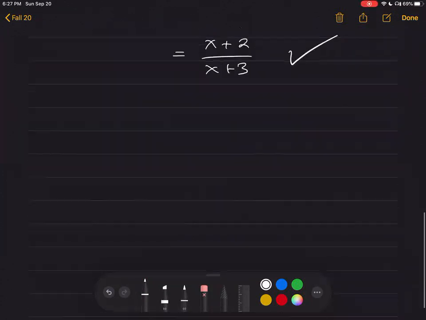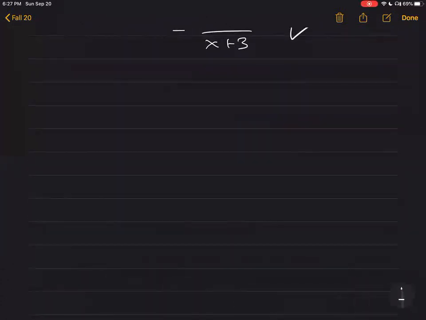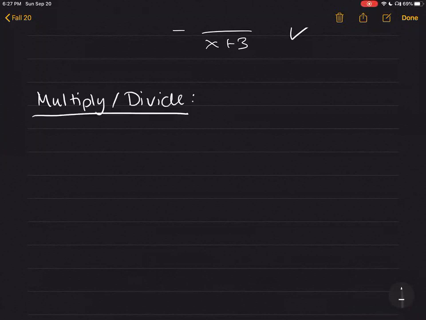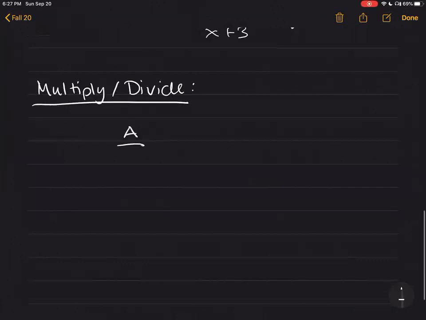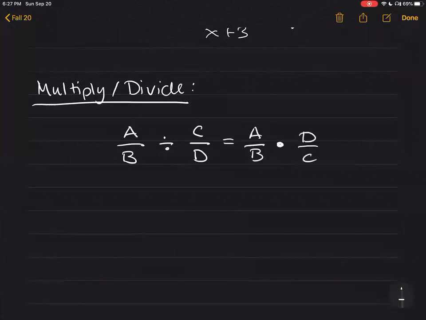The next skill that you're going to need to know is multiplying and dividing them. And the rule here, multiply, divide. And they're grouped together because if you have some fractional expression like polynomial a over polynomial b, and you want to divide it by polynomial c over polynomial d, that's exactly the same thing as doing a over b times d over c, right?